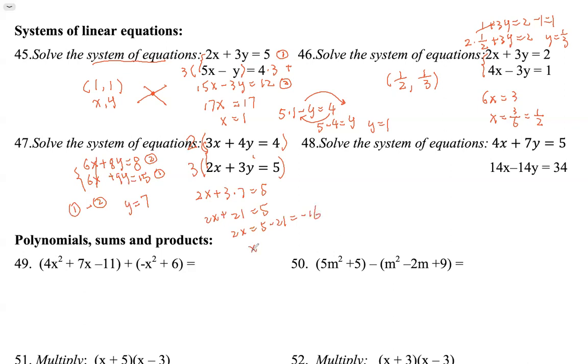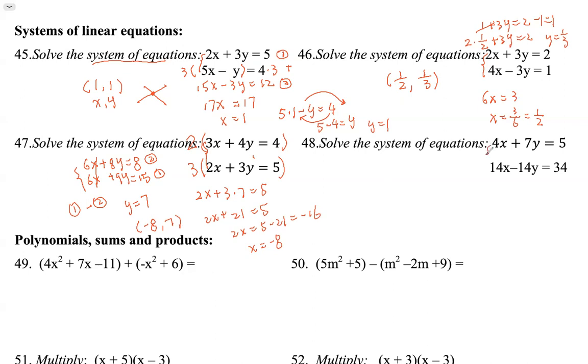Divided by 2, so x equals negative 8. So the solution for this system is x value negative 8, y value 7. Which means those two straight lines intersect at the point negative 8, comma 7.